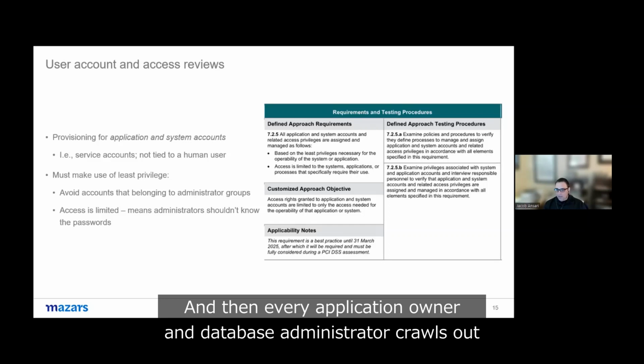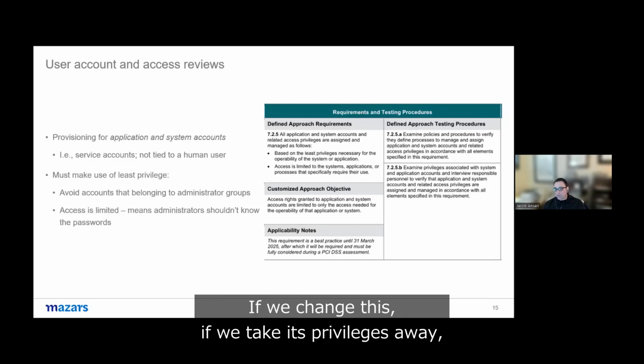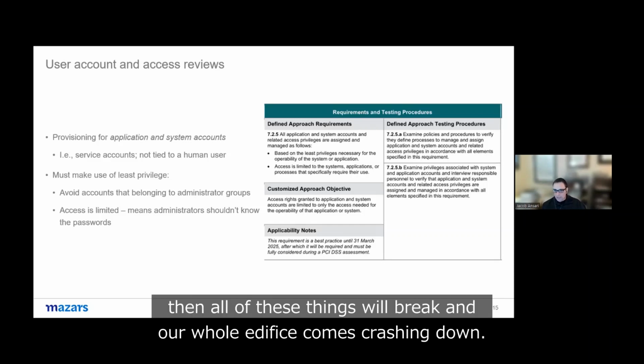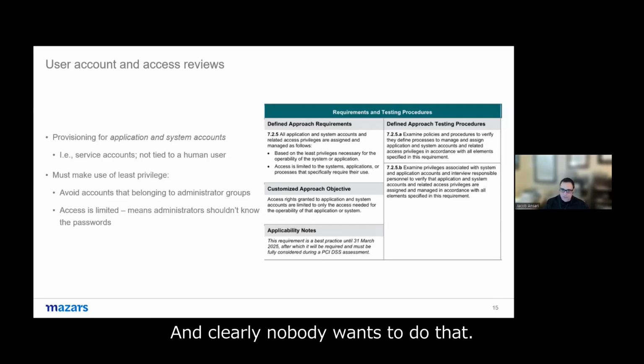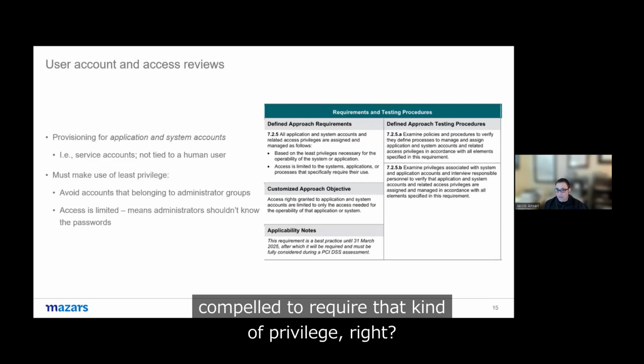And then every application owner and database administrator crawls out of the woodwork to say, no, we can't do that. If we change this, if we take its privileges away, then all of these things will break and our whole edifice comes crashing down. And clearly nobody wants to do that. But this requirement is intended to say that those user accounts should not be compelled to require that kind of privilege, right?